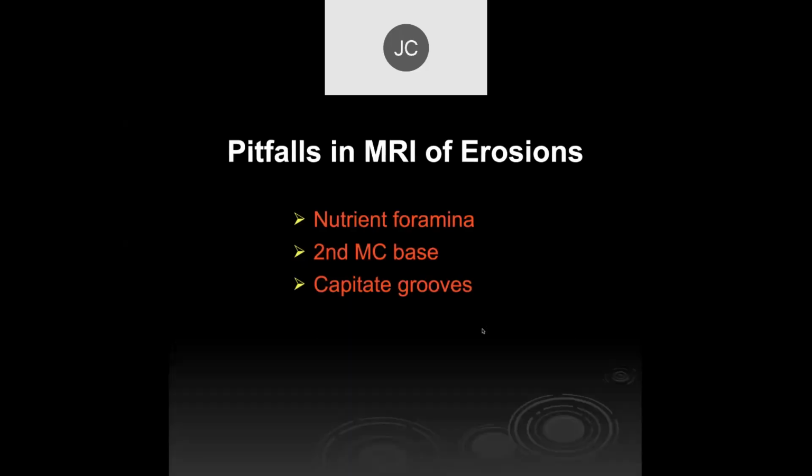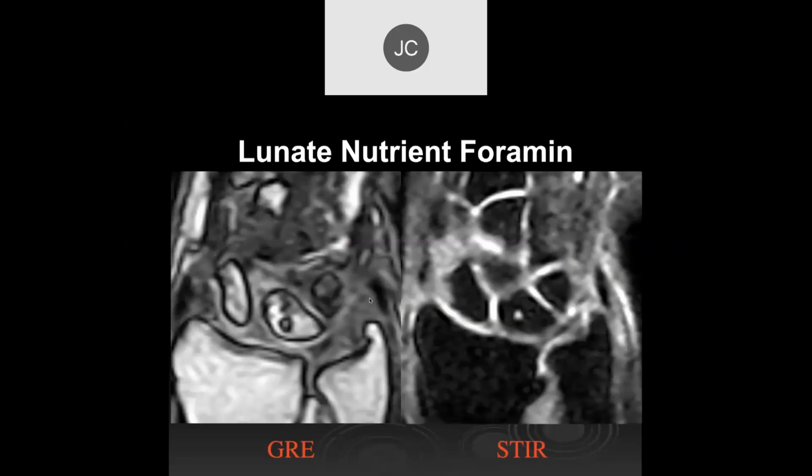Okay. So let's talk a little bit about pitfalls in looking for erosive changes. One is nutrient foramina, which can sometimes look like erosive changes. There's a typical irregularity at the base of the second metacarpal bone that can look like an erosion, but it's normal anatomy. And then there are grooves on the dorsal and volar aspect of the capitate that can look like erosive changes.